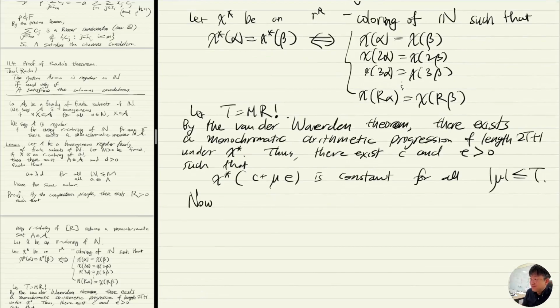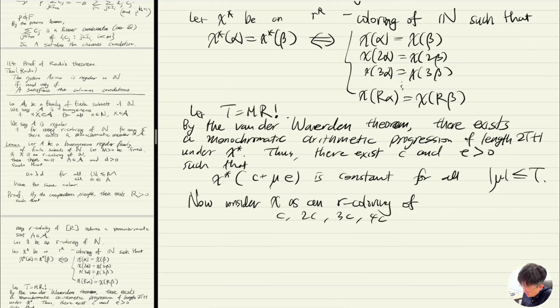Now consider chi as an r-coloring of c, 2c, 3c, 4c, and let's say rc. Right?